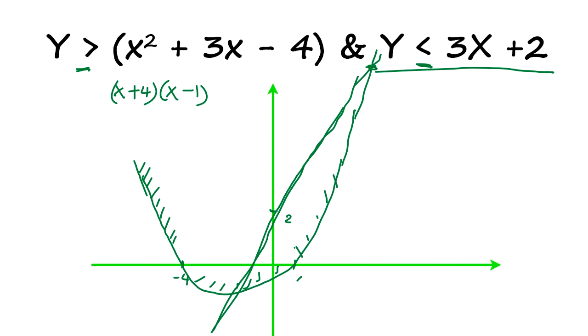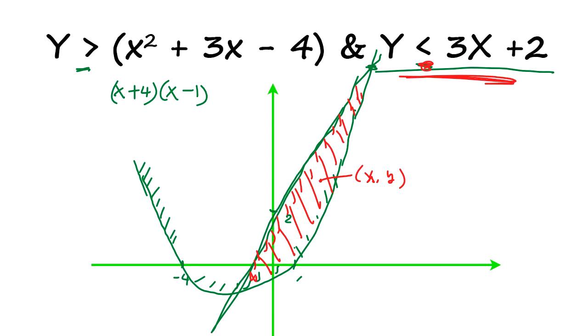So since this is negative, it should be this side. So the range will be this area. So any x and y in this range is going to satisfy this and this.